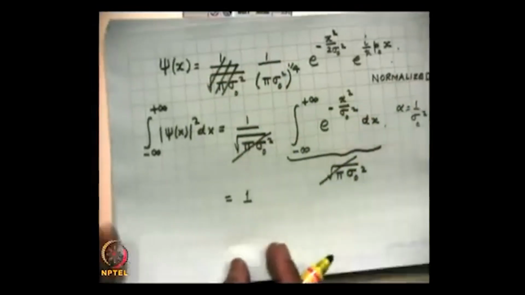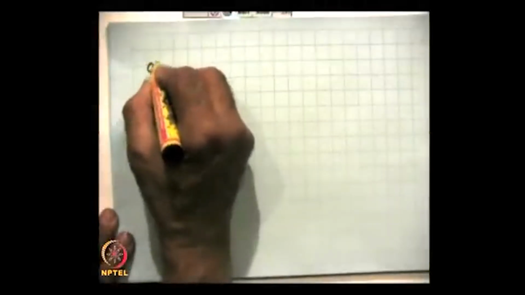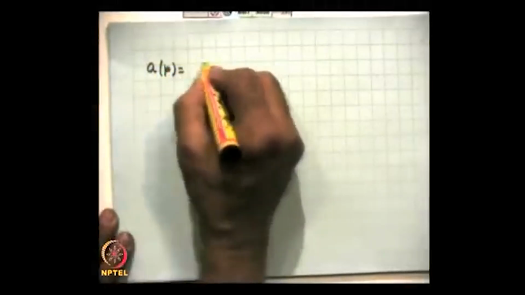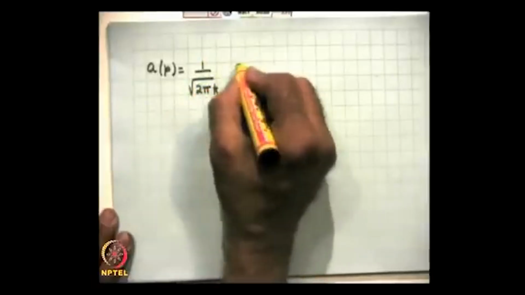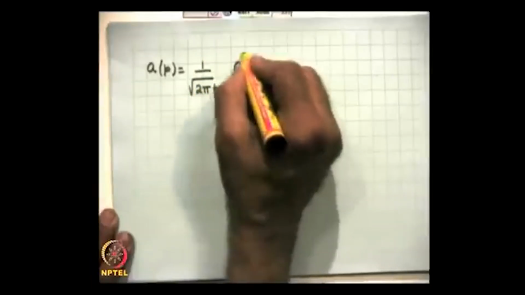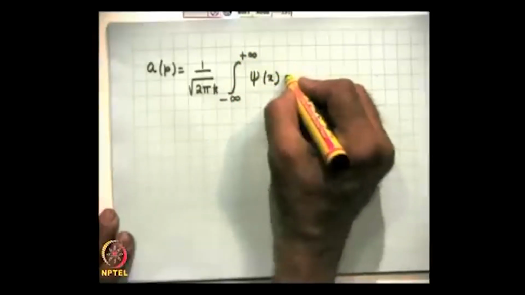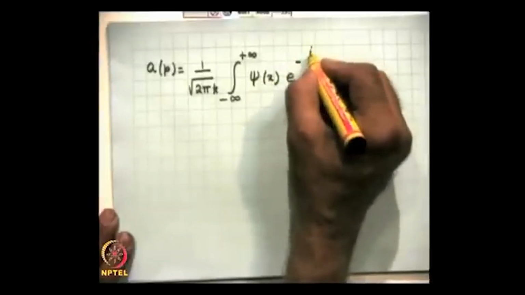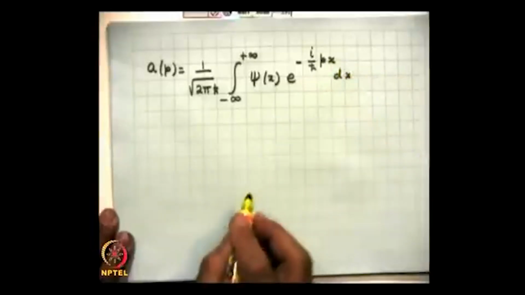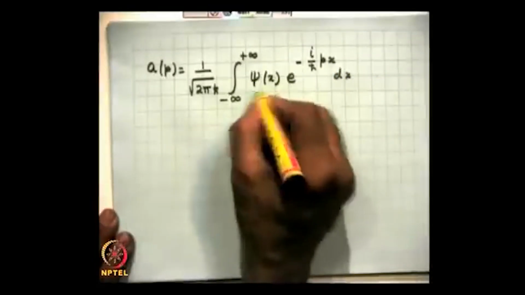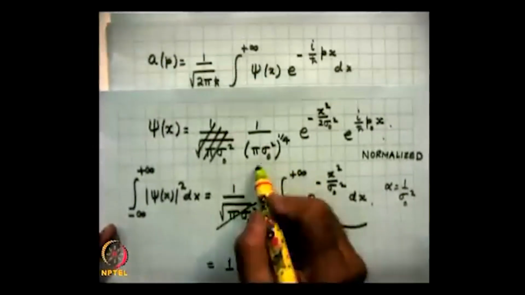Now, we calculate with this function the corresponding A of p. So, A of p is equal to 1 over under root of 2 pi h cross, integral from minus infinity to plus infinity of psi of x e to the power of minus I by h cross p x dx. Then I substitute for psi of x, which is given by this expression.